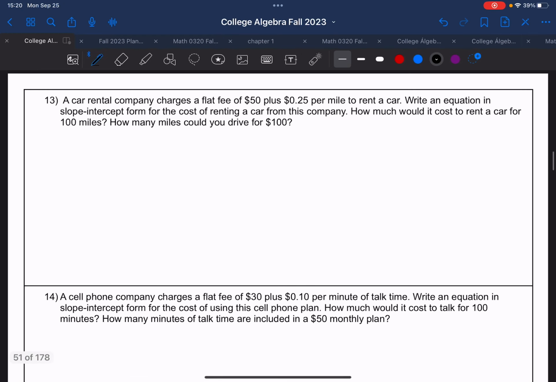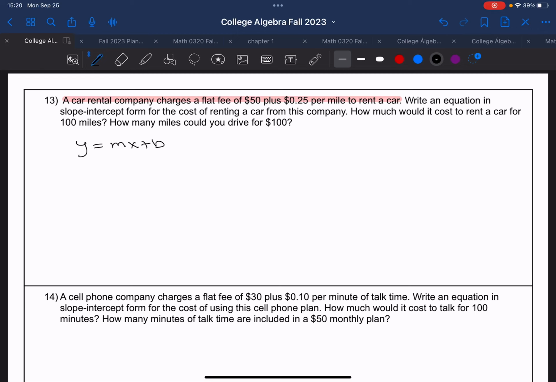Now let's look at number 13. A car rental company charges a flat fee of $50 plus 25 cents per mile to rent a car. Write an equation in slope-intercept form for the cost of renting a car from this company. We know our equation is going to be in that y equals mx plus b form.